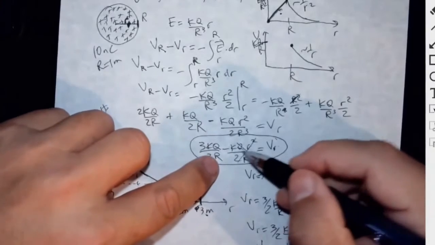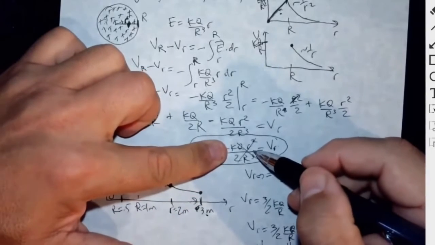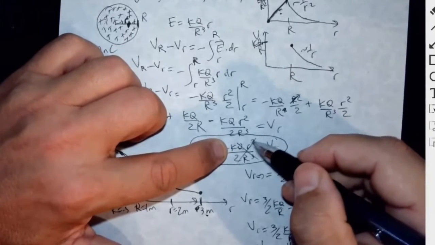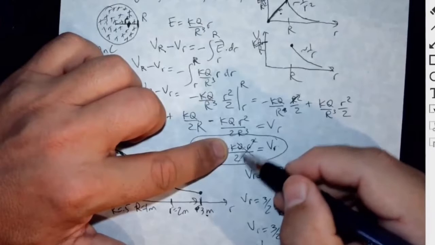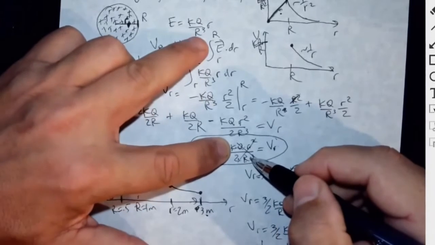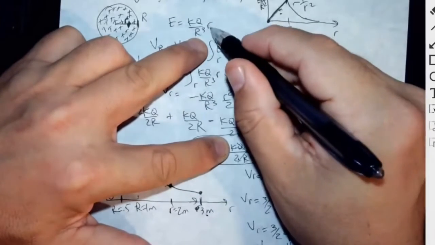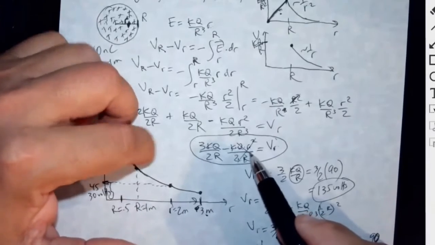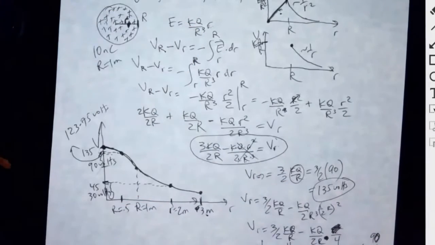Because when you take the derivative of this, this disappears. And then the negative derivative, the negative disappears. And then you just get 2r, and then the 2's disappear. And there you have it, kq over R cubed, and then r. So it's a quick check to take the negative derivative of this equation, and then you should get that back.